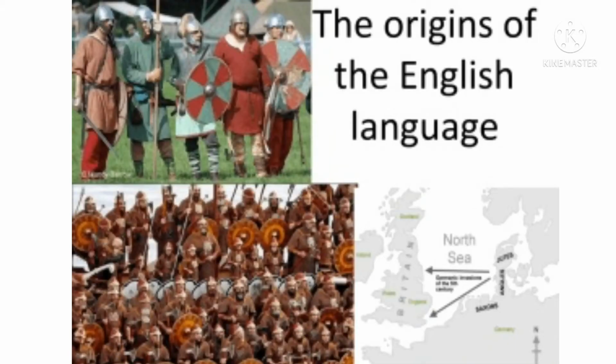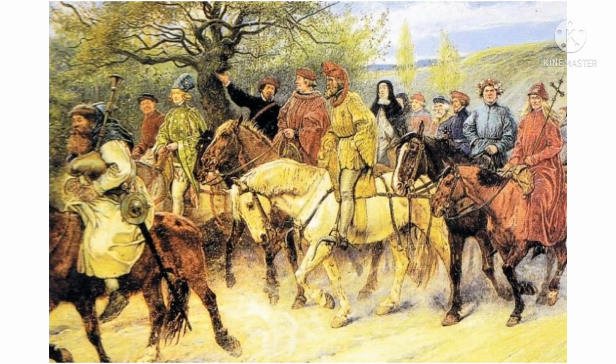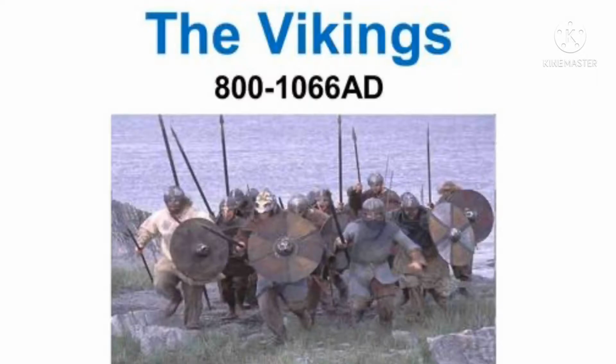Origin of English. The story of the English language began in the 5th century when Germanic tribes invaded Celtic-speaking Britain and brought their languages with them. Later, Scandinavian Vikings invaded and settled with their languages too.